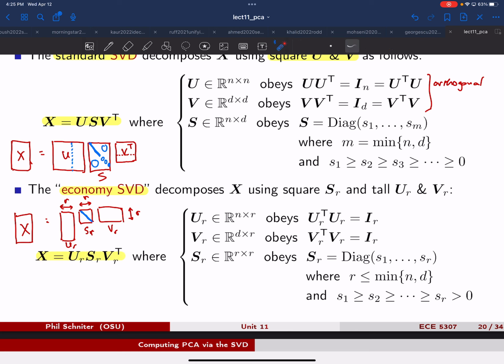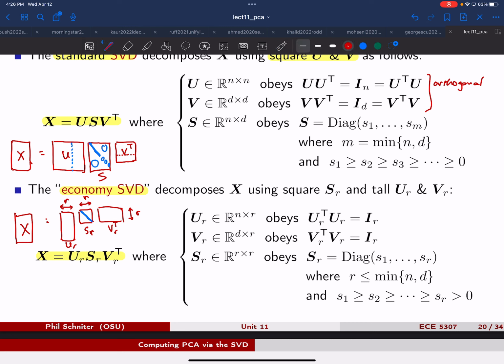And as a result of the fact that U is no longer a square matrix, you know that all the columns that remain here are all unit norm, and they're all orthogonal to each other, and so you could write something like this. But you can't really say much about the rows anymore because you've clipped off all those extra terms that would have made them orthogonal, but these are no longer going to be orthogonal. And the same is true here of VR transpose.